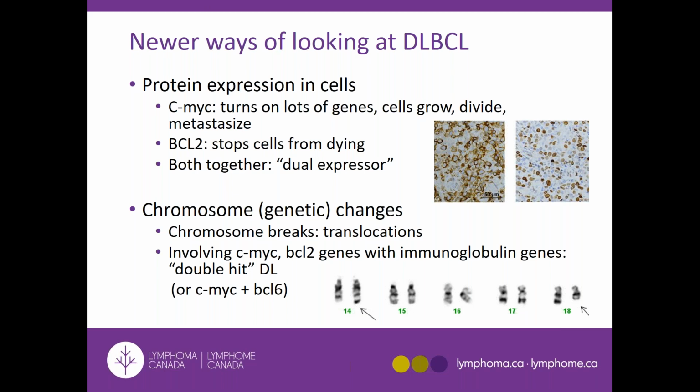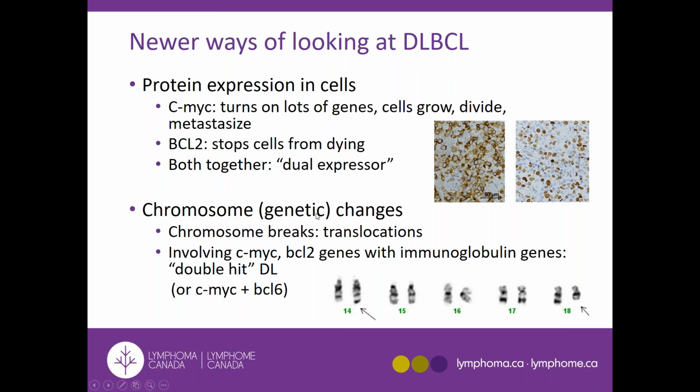Our goal generally, for the cells in our body and for cancers, of course, is for cells not to continue to grow. And having both of these expressed together is an intermediately bad problem, and it's called dual expressor.